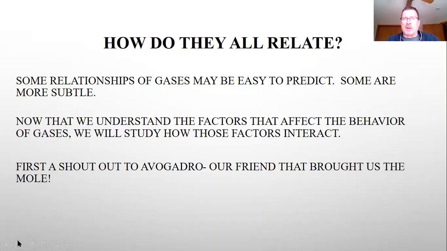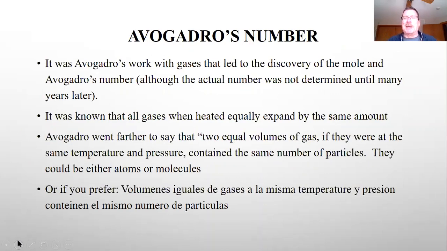That brought us the mole, and we should know by now from back in moles that we have Avogadro's number. When you were doing the particle to mole thing, it was 6.02 times 10 to the 23rd. Where did that come from? Well, Avogadro's big work was in gas, and the mole really came from studying the relationships of gas because they are nice, linear, wonderful relationships.